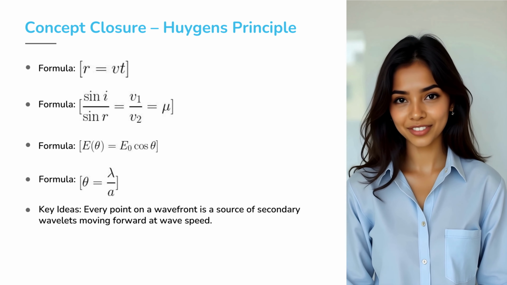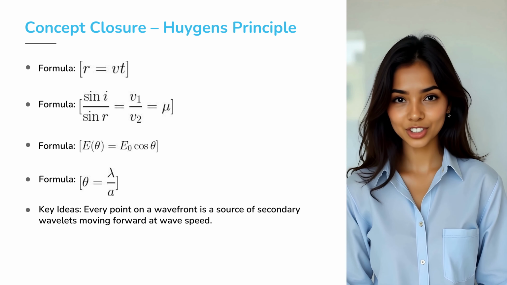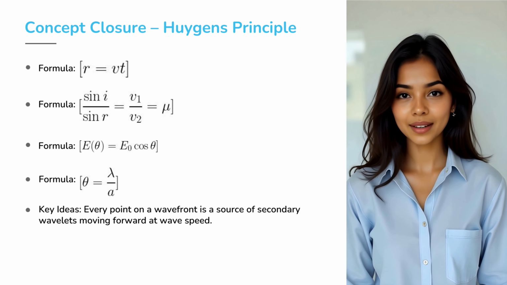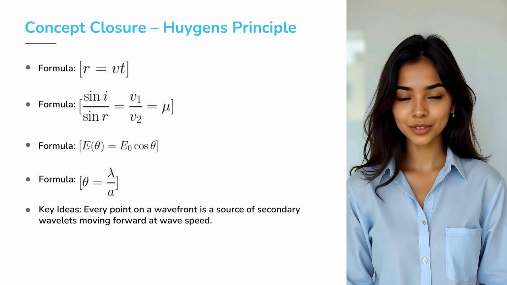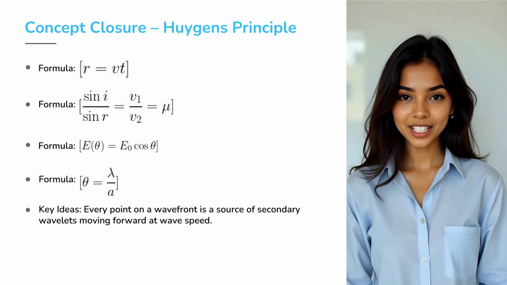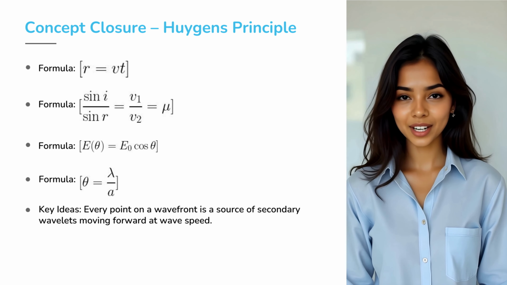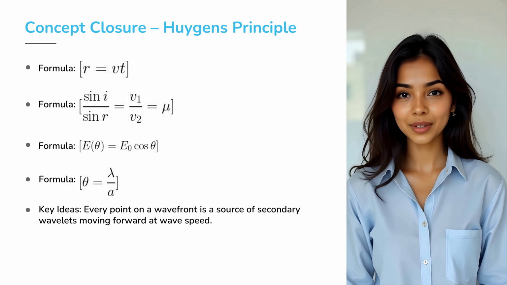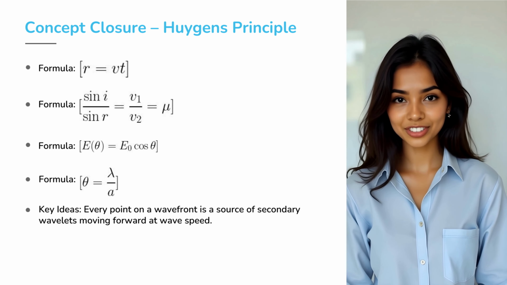The obliquity factor, E theta equals E naught times cosine theta, ensures waves mainly push forward, fixing the backward propagation problem. And finally, diffraction's angular width theta equals lambda divided by a shows how waves spread after passing through apertures.